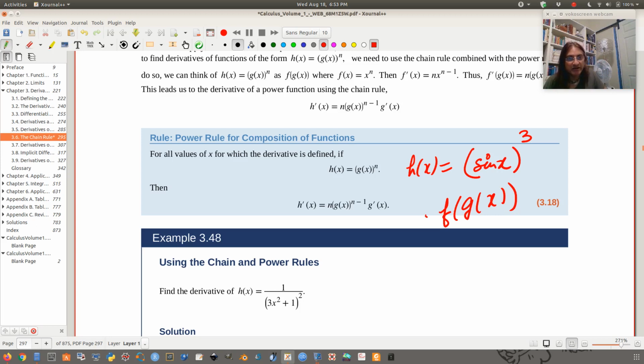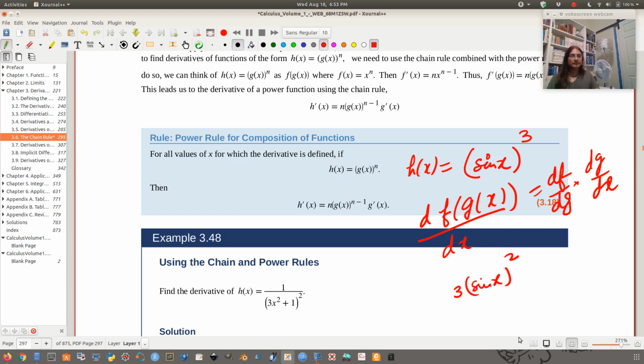So if we take a derivative of this with respect to x, this is df over dg times dg over dx. What is g here? Sine x. F is the cube of that. So df over dg will be 3 times sine x to the power 2, just like here, our g of x is sine x, and n is 3 in this case, times the derivative of g, which is sine x with respect to x, which is cos x. So this is the answer.